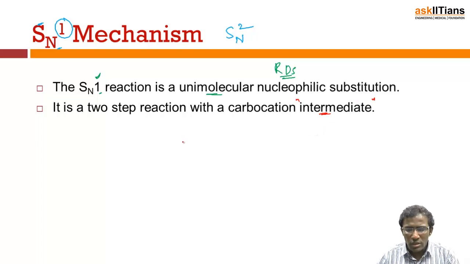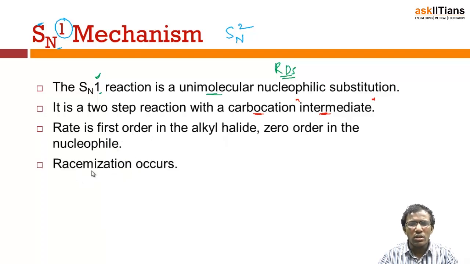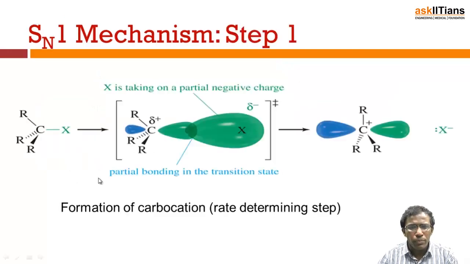Here it is a carbocation intermediate, which is very important. The rate is first order in alkyl halide and 0 in the nucleophile, and racemization occurs. We'll discuss this racemization in the coming slides.